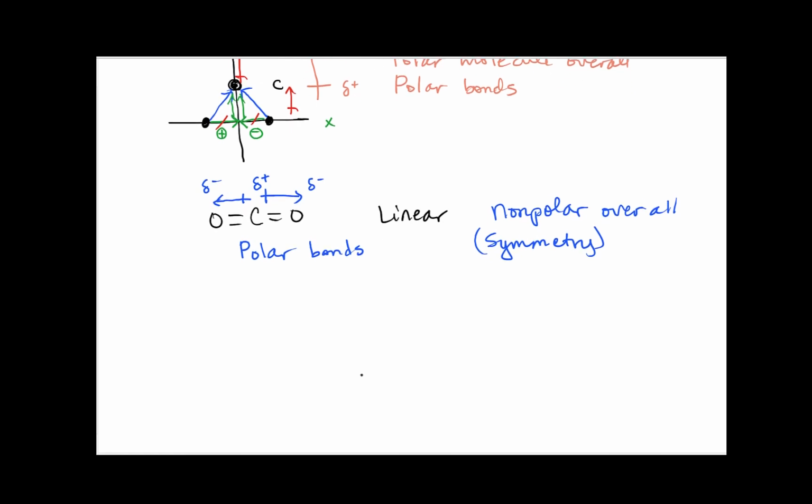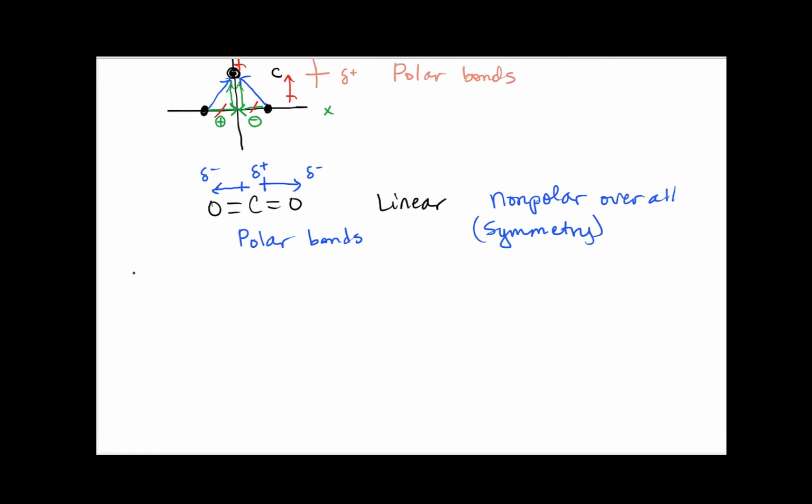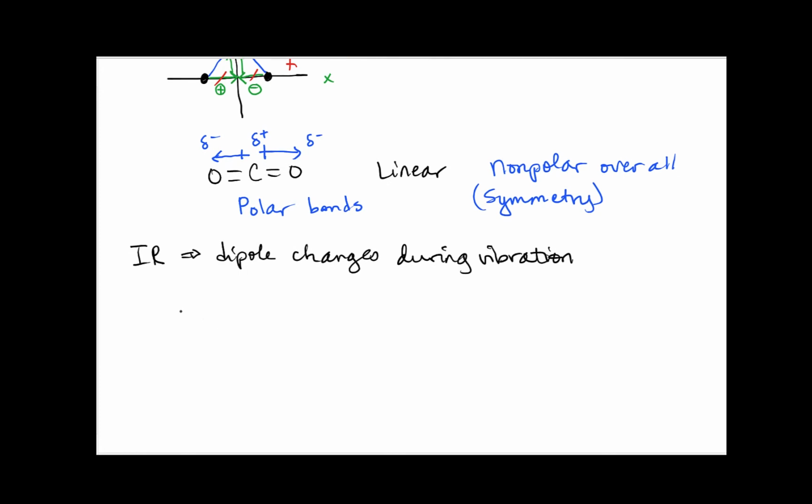So the infrared radiation, when we come back to that, we said that the infrared is absorbed when the dipoles change during vibration. That's our requirement. So we need to look at how things can vibrate.